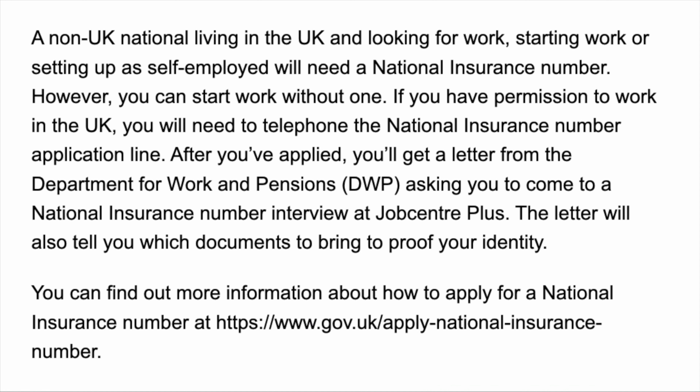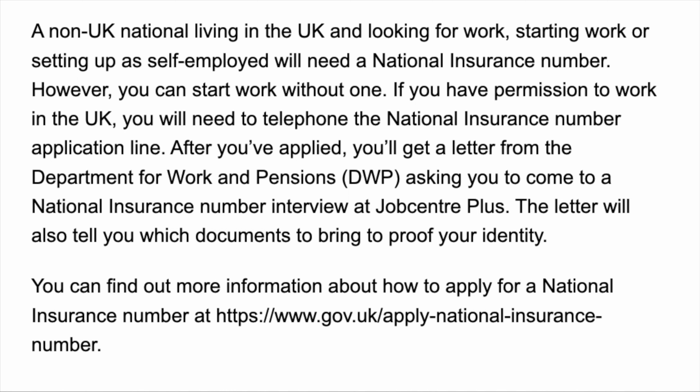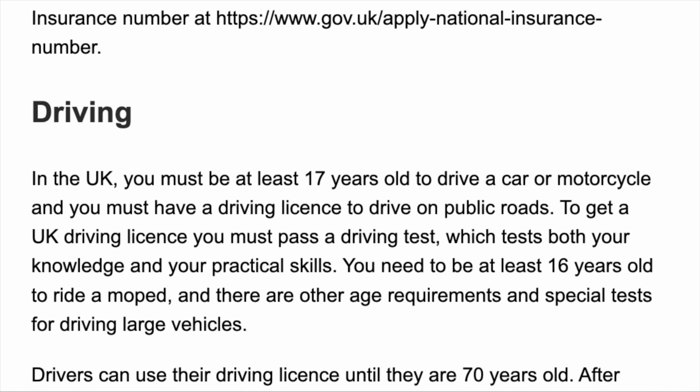The letter will also tell you which documents to bring to prove your identity. You can find out more information about how to apply for a National Insurance number at https://www.gov.uk/apply-national-insurance-number.